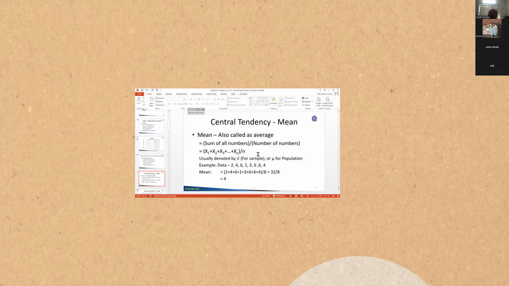So you get the average age as 40. Now, in Japan, if you try to find out the average age, you will find it is 50 years. Okay, so what does that mean? The average age is 50 years.